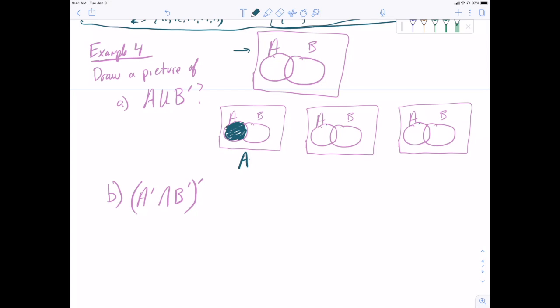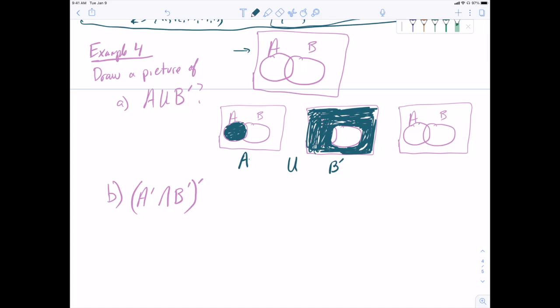So if we're going to draw A, B prime is everything not in B. So that's everything not in B. Okay, that's not a great picture, but maybe you do this prettier with dashed lines or little solid lines or something like that. So A union B prime.